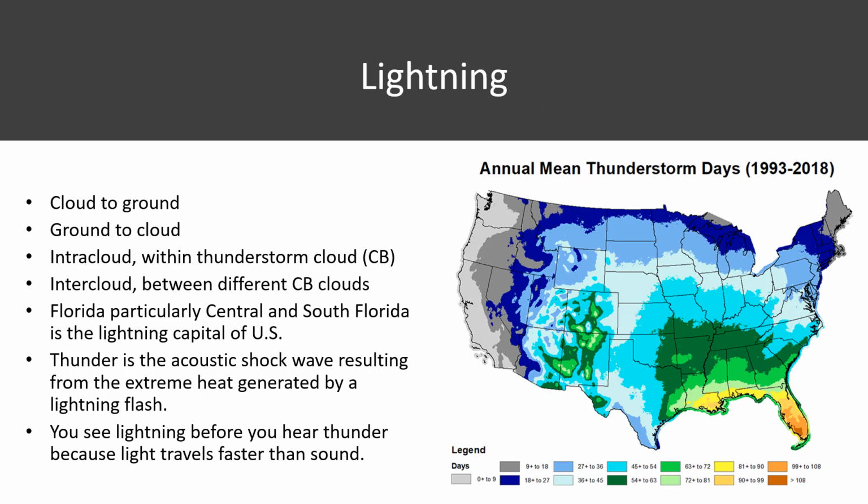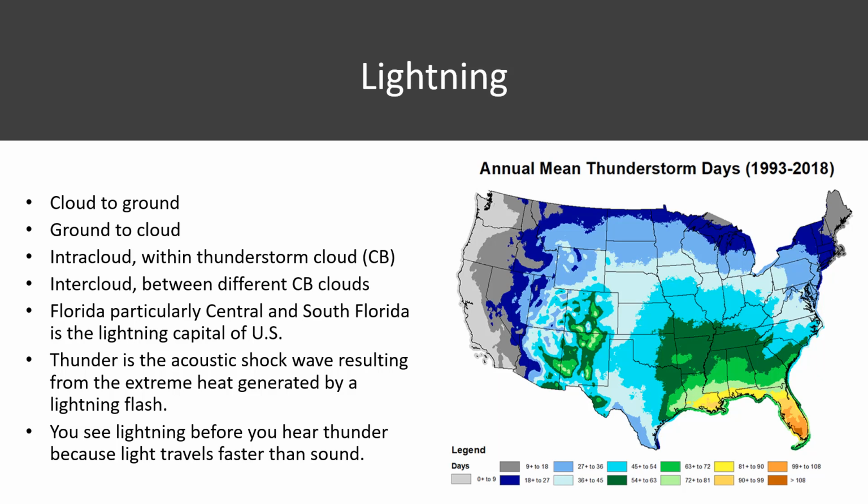Lightning can be cloud to ground or ground to cloud, can be intra-cloud, meaning within the thunderstorm cloud, or it can be intercloud, between different thunderstorm clouds. If you look at the map on the right, you'll see that Florida, particularly Central and South Florida, is the lightning capital of the U.S. The Southeast U.S. has the most thunderstorm days.